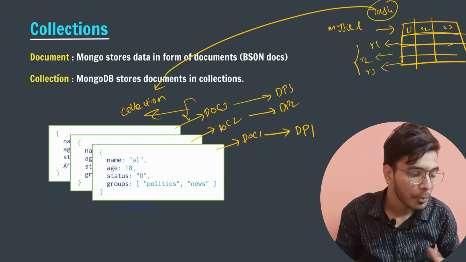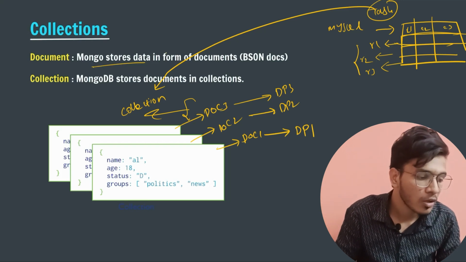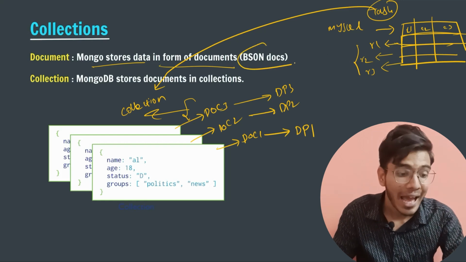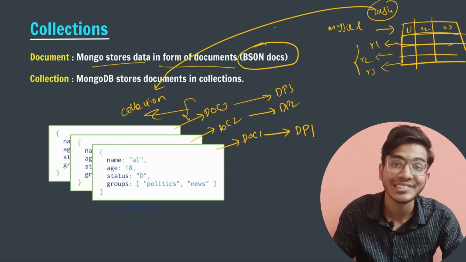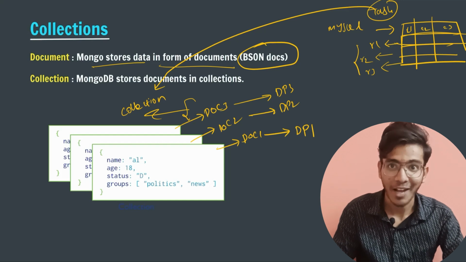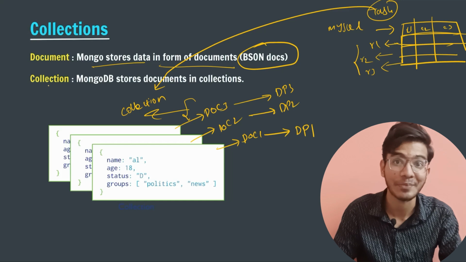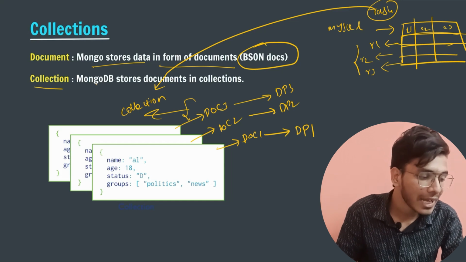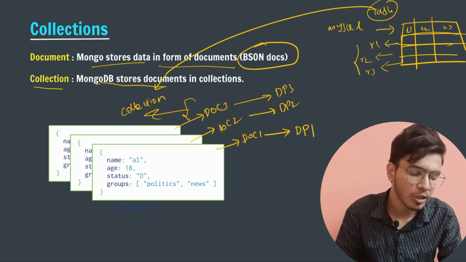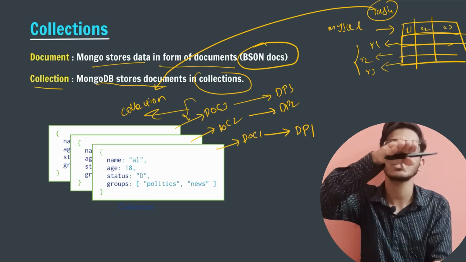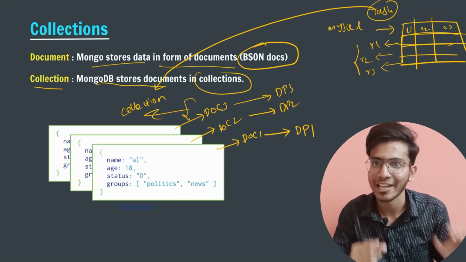So MongoDB stores data in the form of documents, and the storing process happens in the form of BSON, right? I will show you what BSON is. Again, an interesting concept. MongoDB stores these documents in collections, so combining all these documents, we call them collections.